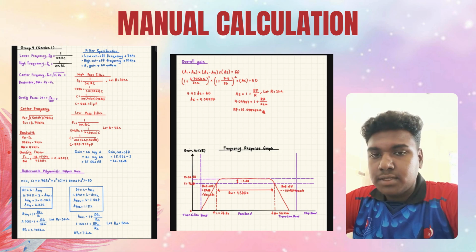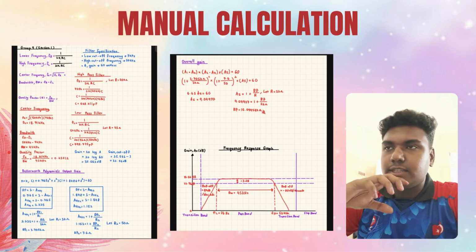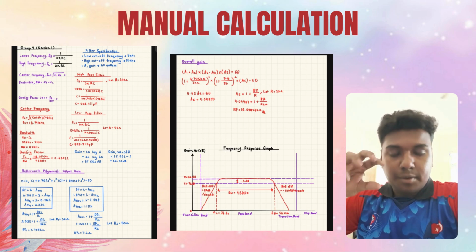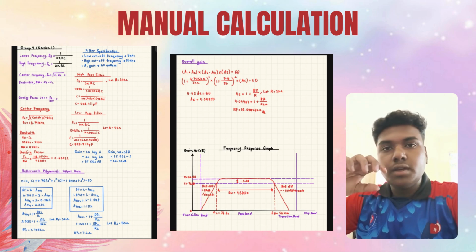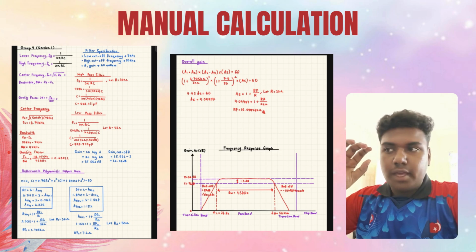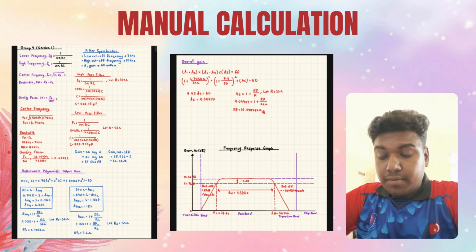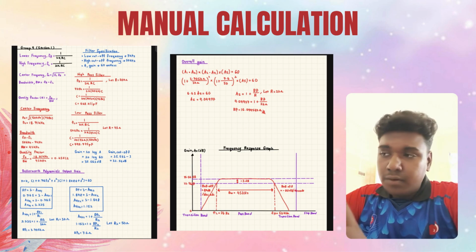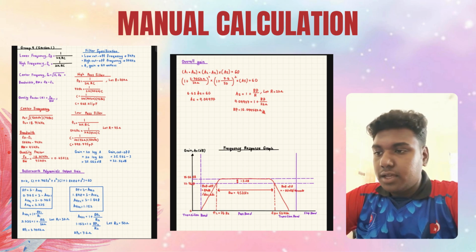Next we go for the overall gain. Overall gain means we have to combine all the op-amps. We have used 5 op-amps in our circuit, which we showed before.